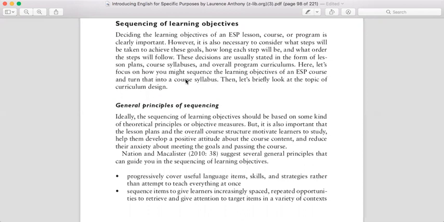When we decide on the learning objectives, they are not sequenced, or not necessarily in order, right?